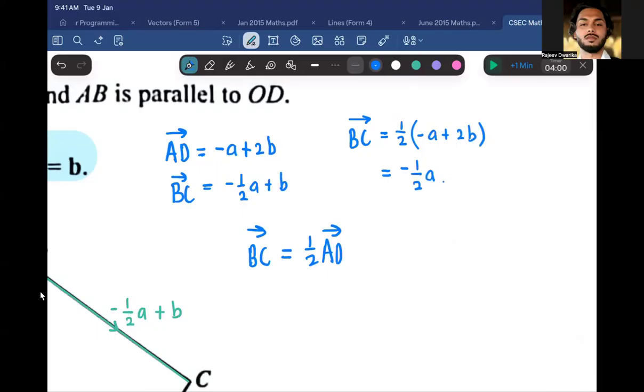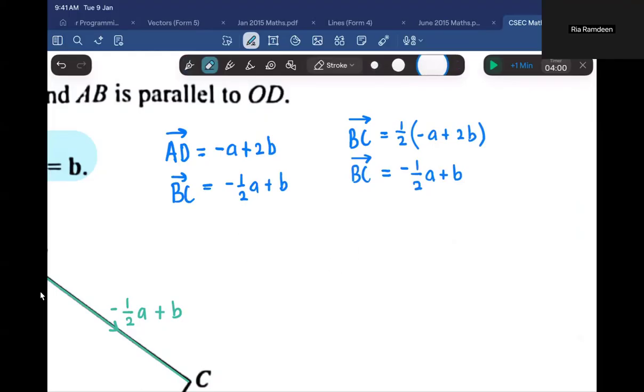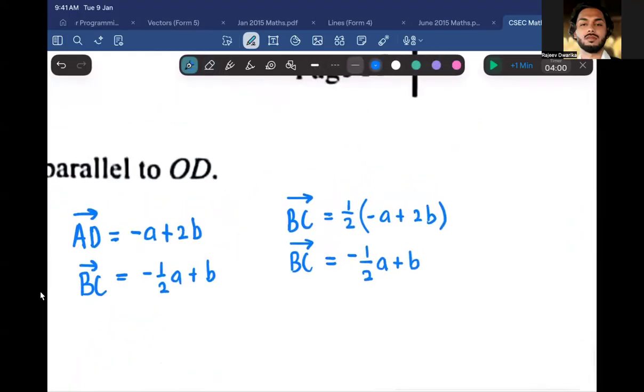If you divide 2 by 2, 2 into 2 is 1B, or B. So did we just prove that BC can be written as a half of AD? Yes, we did.